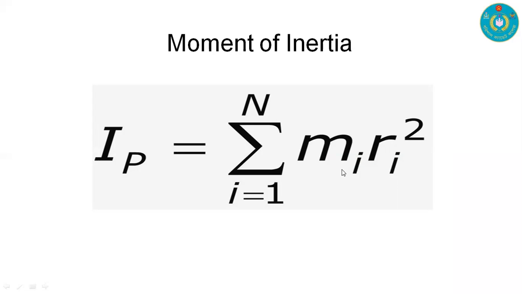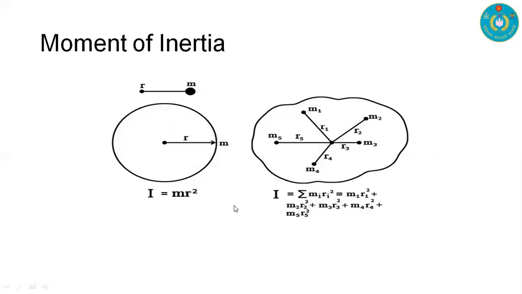For every single particle of the body, we have the equation mi ri square. Here i goes from 1 to n, the iteration from 1 to n times.